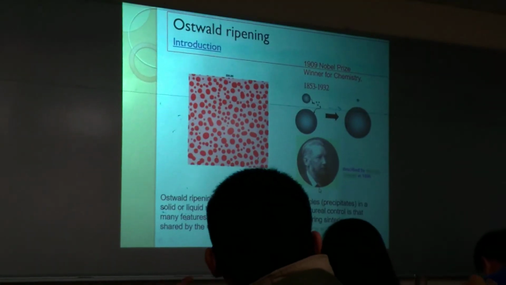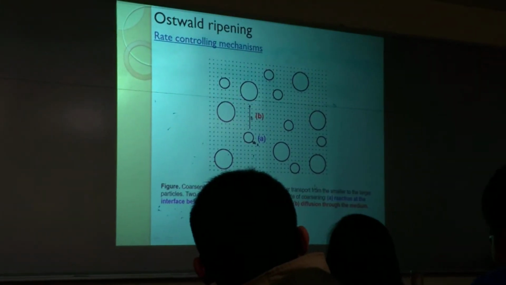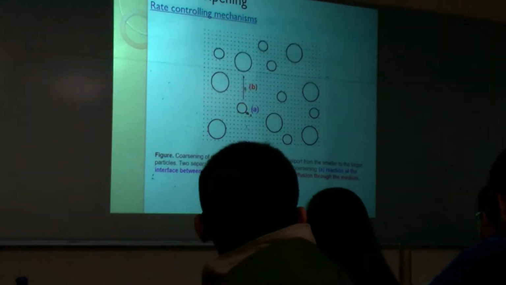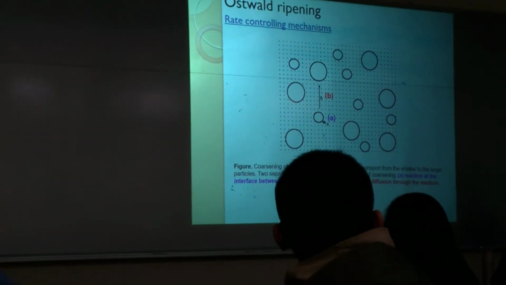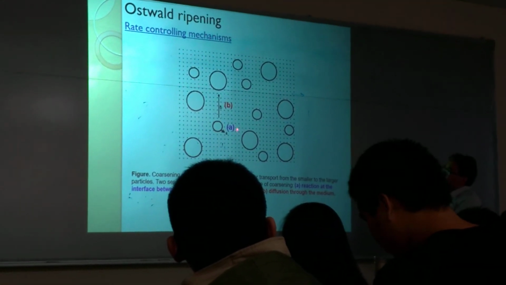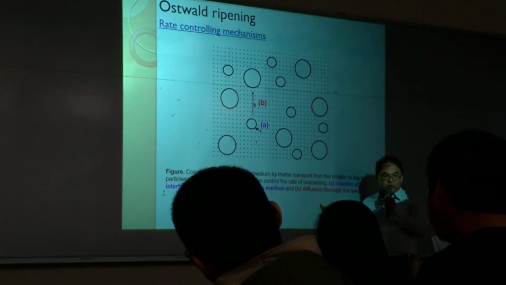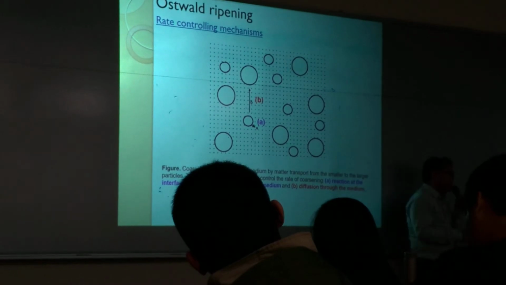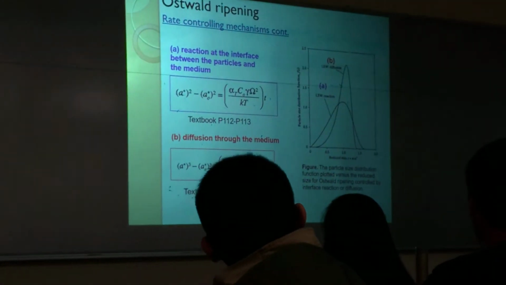For Ostwald ripening, we have 2 mechanisms, or 2 control steps. The first one is reaction control. The second one is diffusion control. The two mechanisms have different particle size distributions.